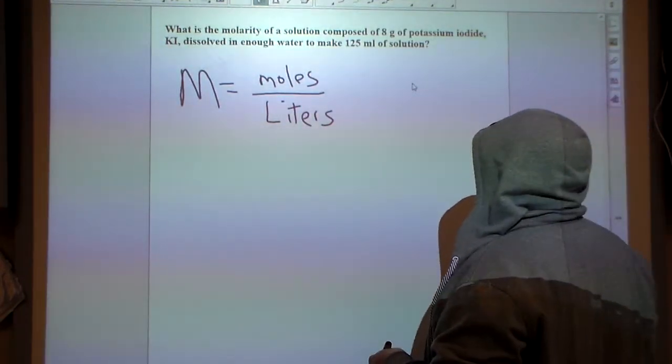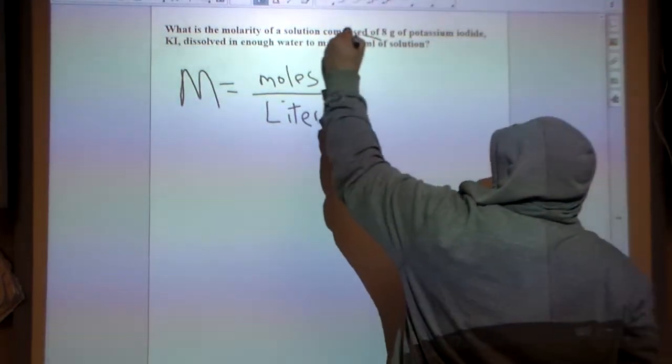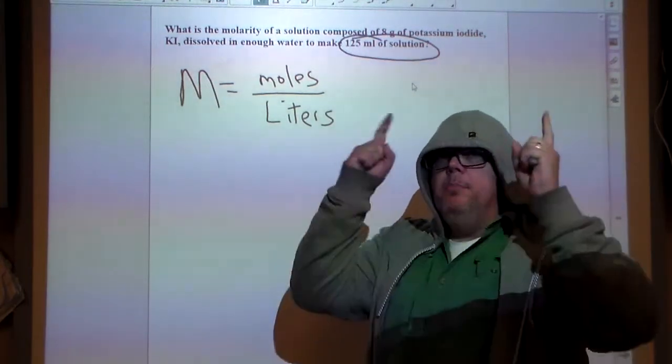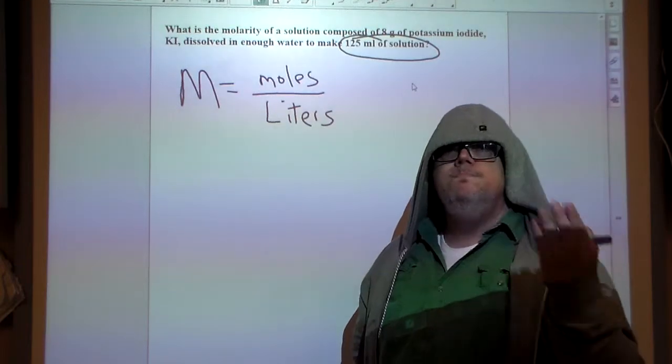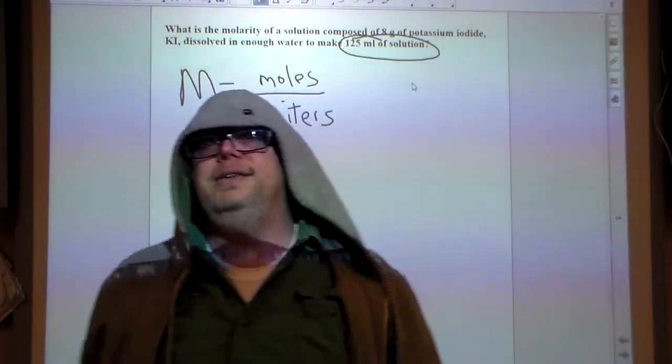Now, I would like to point out that we do have a volume, and our volume is right here because they said 125 milliliters of solution. But can we plug in the 125 milliliters here? No, we can't, because milliliters are not the same as liters.